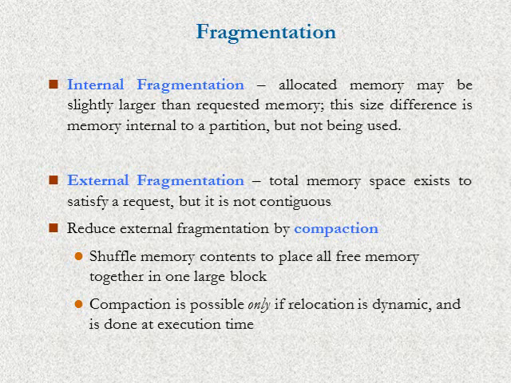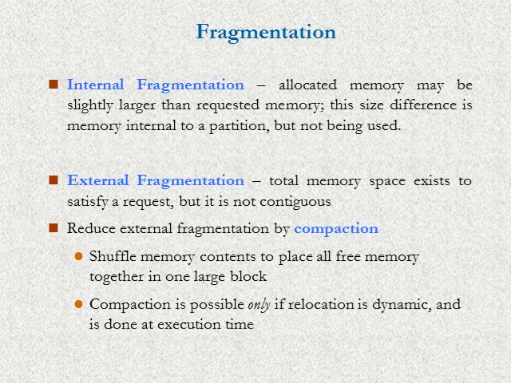So we have some space wasted within a partition which cannot be used by other processes. This is internal fragmentation. In external fragmentation, we have space available on the main memory, but it is not contiguous, so it cannot be allocated to a process. So again, it is not available for other processes to be used.